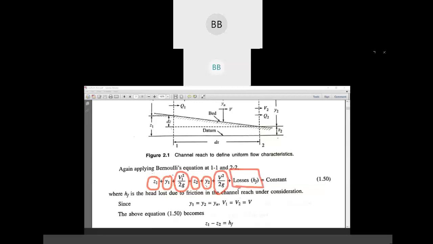Then only total energy at section 1 is equal to total energy of section 2, if we consider the loss.